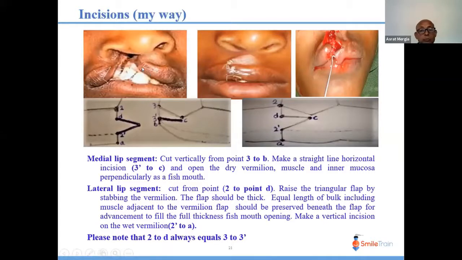So my incision on the medial segment of the cleft is that I really mark my featured Cupid's bow, and I really draw and then make an incision 90 degrees to the lip axis.